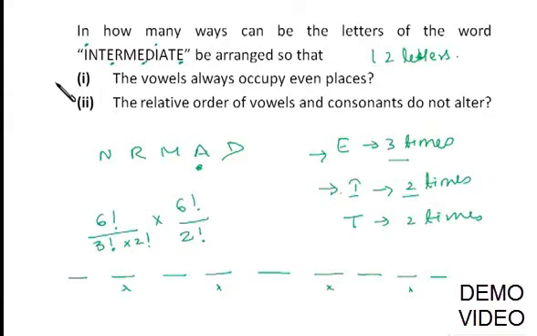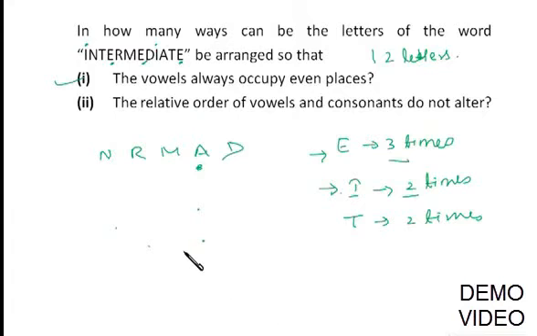So the first problem we have done. Now the second one is that the relative order of vowels and consonants does not alter. What is the order of vowels?